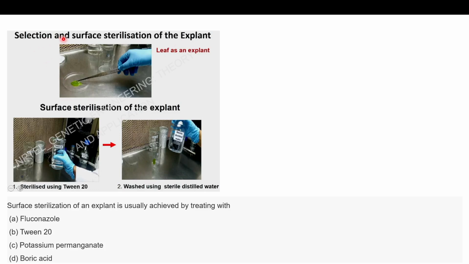So, selection and surface sterilization of the explant is actually done using the detergent Tween 20, and then washed with sterile distilled water. You are getting the answer from this particular picture only. The option will be option B, Tween 20.